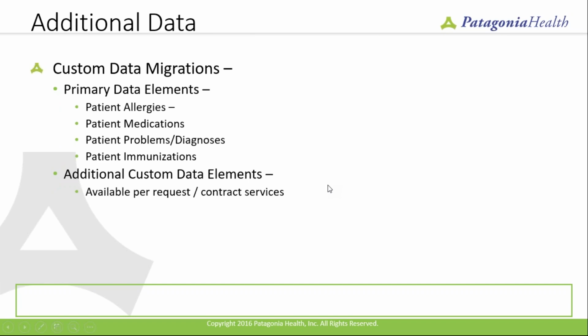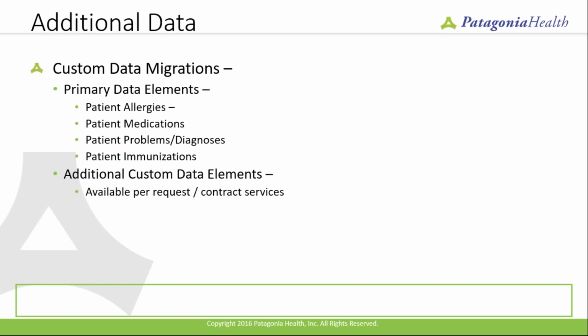Additional data. Now there's some items that can be considered as sort of primary data elements for what we might call a custom data migration. These include clinical types and some associated clinical elements. All of these would be more easily migrated using the MRN number from your existing system as a key value.